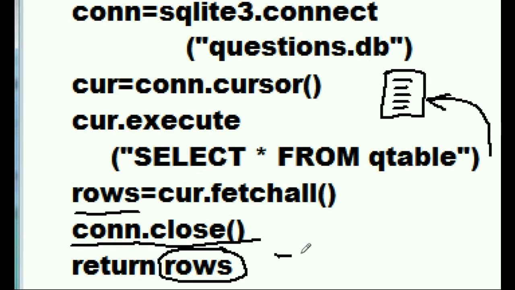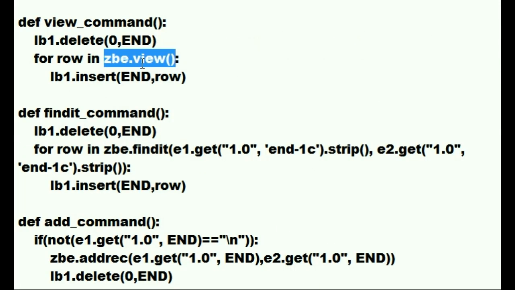Now let's go back to ZFE and find out what the system does with rows. The system now returns back to here, zbe.view parens in the ZFE file, and replaces zbe.view with the variable rows, like so.